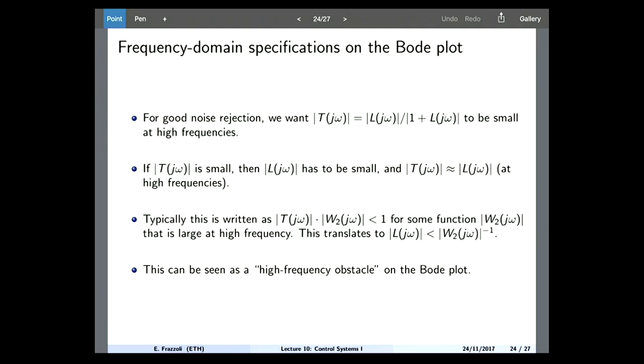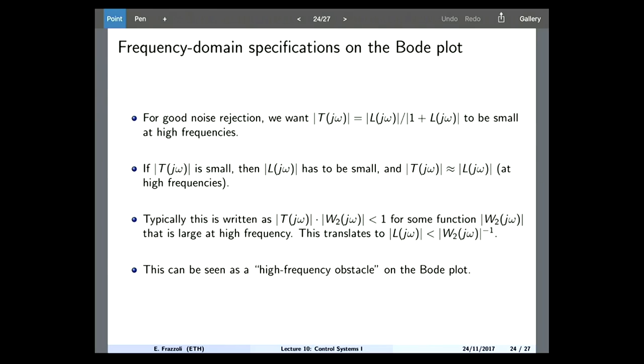So then what I would want to say is that T of j omega must be less than 1 over some W2 for some function W2 that is larger at high frequencies, meaning that now I want L of j omega to be less than 1 over W2 at high frequencies.